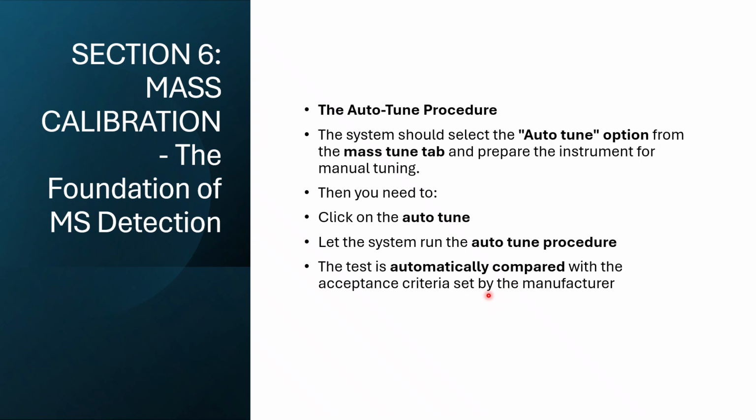The test is automatically compared with the acceptance criteria that is set by the manufacturer. After completion, the Auto-Tune report should be saved by the default file name and the manufacturer approved acceptance criteria should be verified. This mass tune report confirms that your mass analyzer is correctly identifying ions at their expected mass to charge ratio.